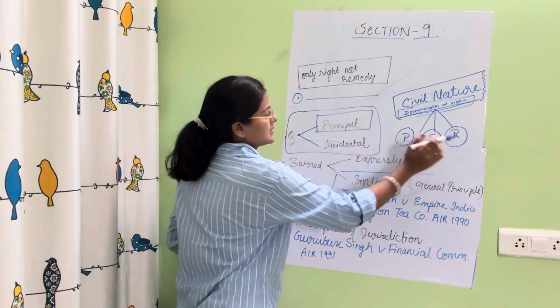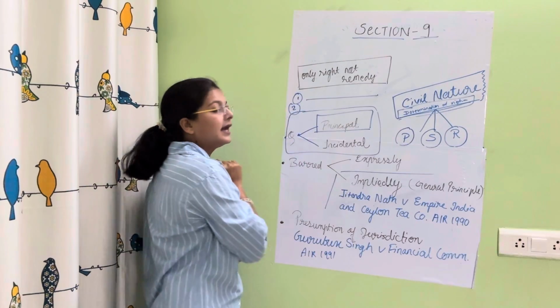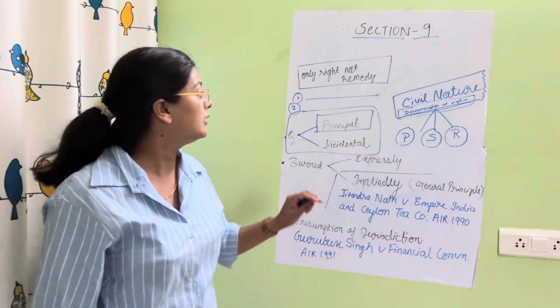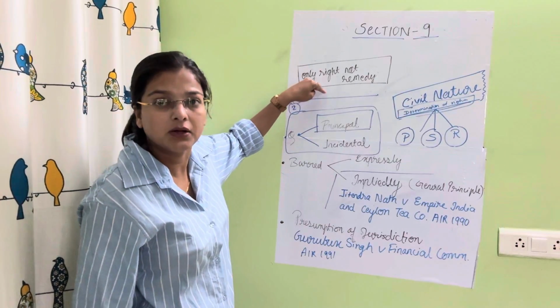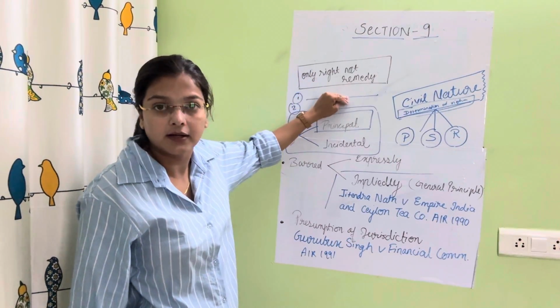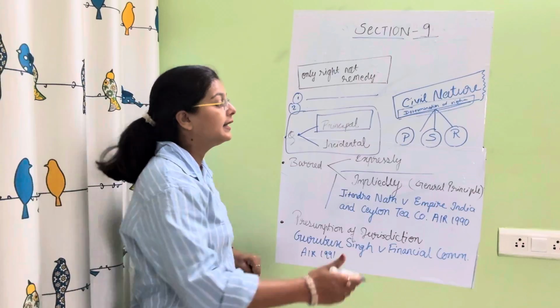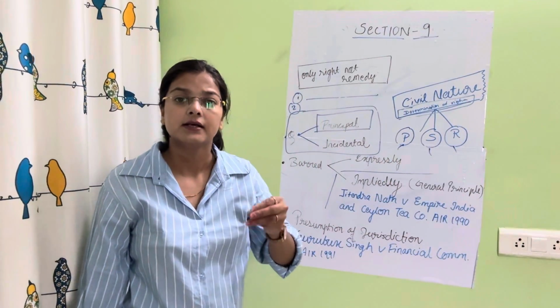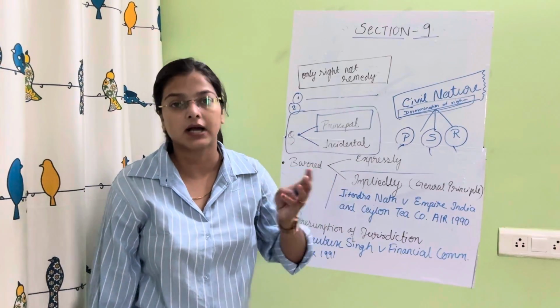Now, the first situation is that the principal question of determination of right is civil. The second situation is that sometimes, in order to decide the principal right, we have to decide these matters also. We have to decide something on religious or caste matters.